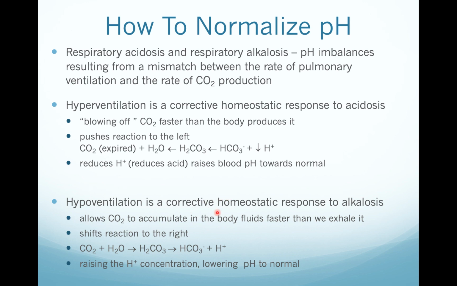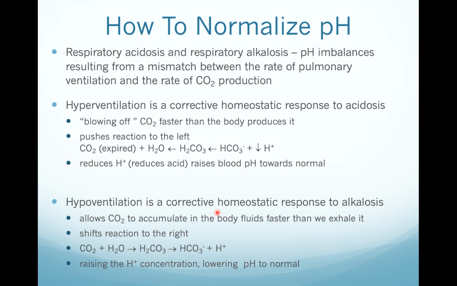Now, normalizing pH: this is how you are able to regulate the pH by controlling your ventilatory rate. Ventilation is controlled through the medulla and the pons, as you already know now. You have to constantly measure the chemical concentrations in your blood using chemoreceptors.